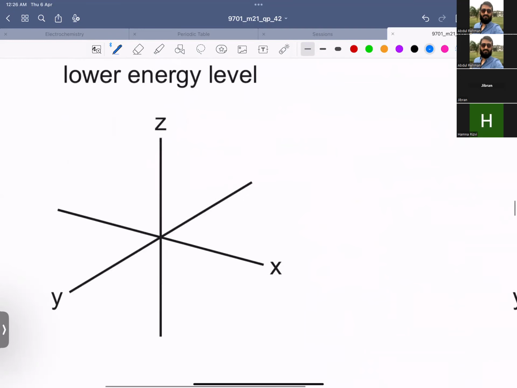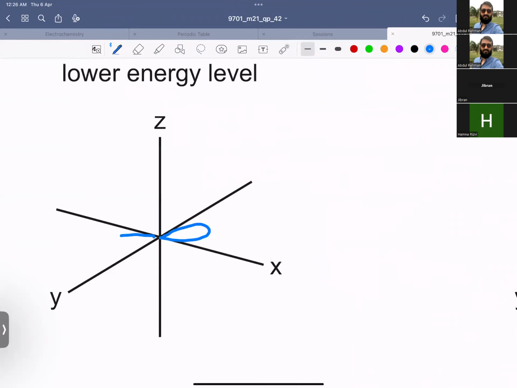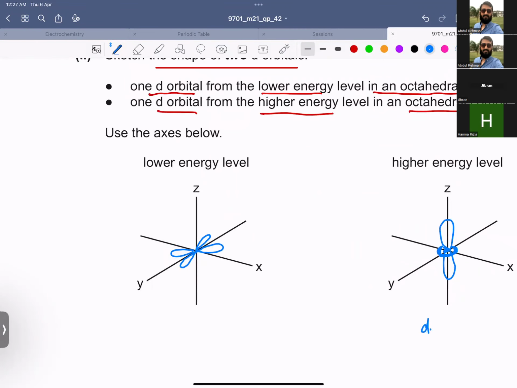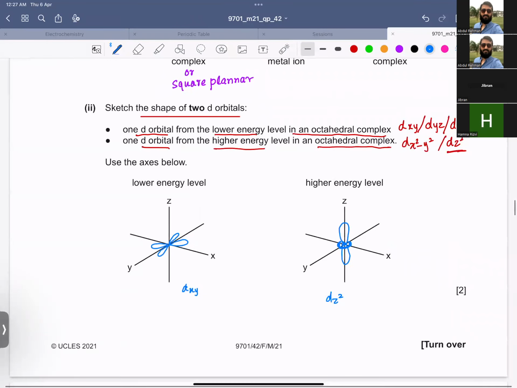So if I make this one, so it is actually, this one is dz square, and this one is dxy, because the lobes are between x and y axes. Okay, is this clear to everyone?